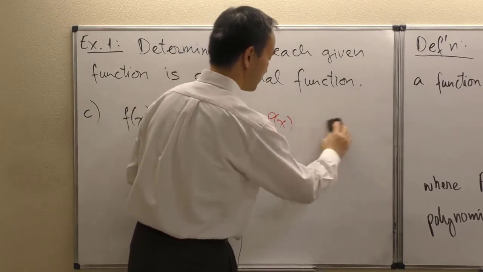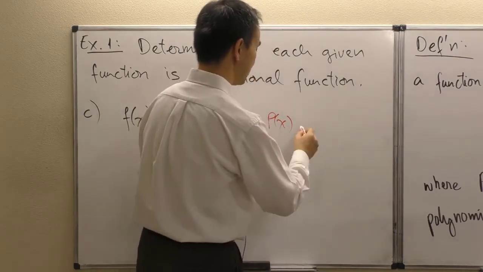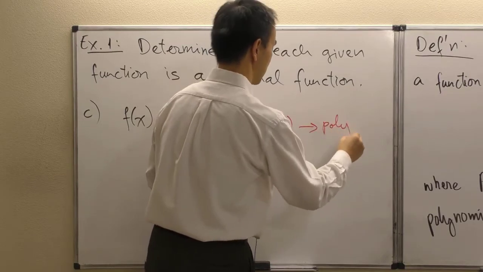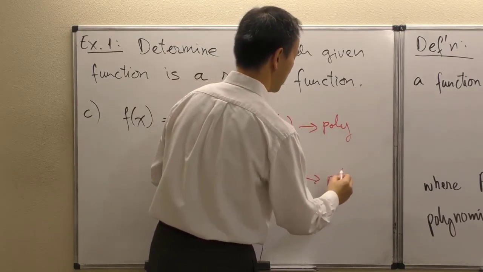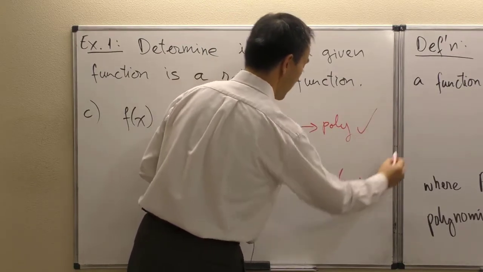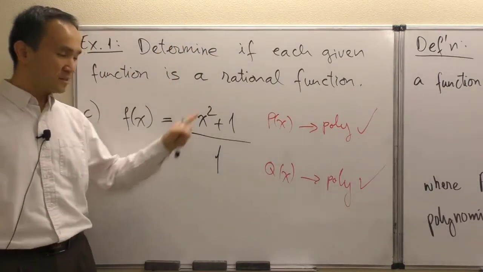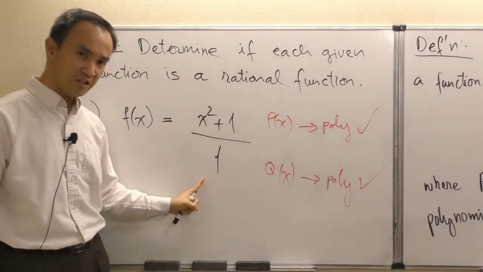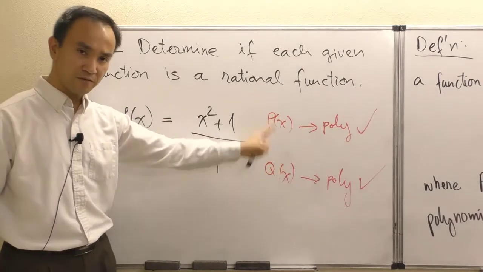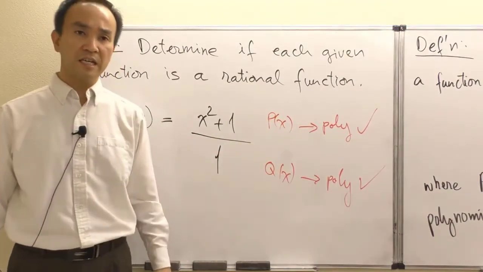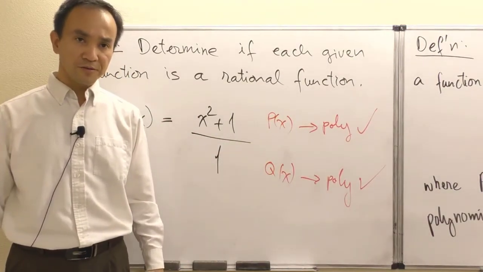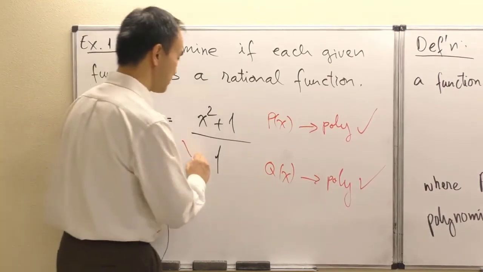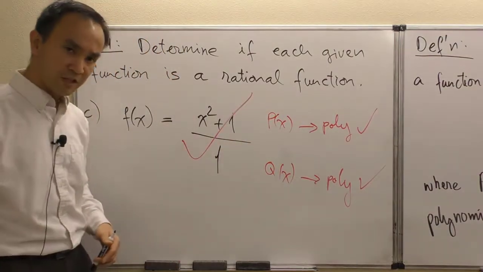I should have written that term out. It's a polynomial, and it's a polynomial. It passed both requirements. We can show the fraction nature of that function, and both components, both p and q, are polynomials. So I'm going to put a big red check here for this function.